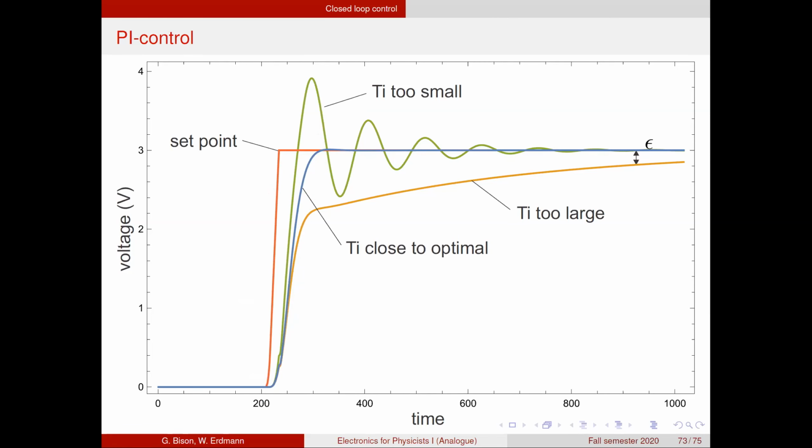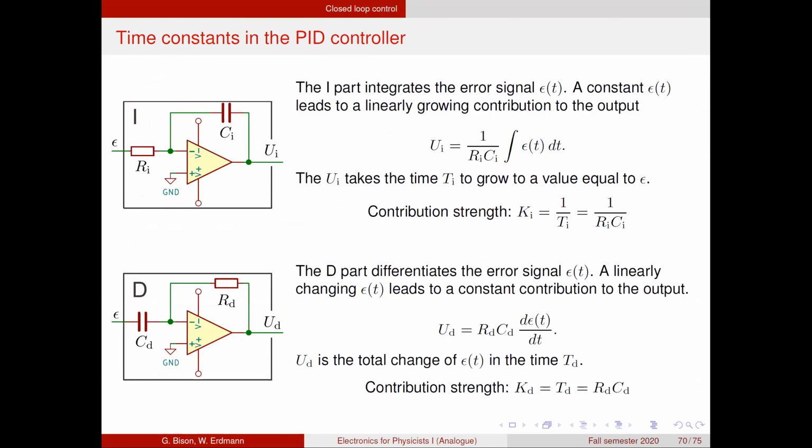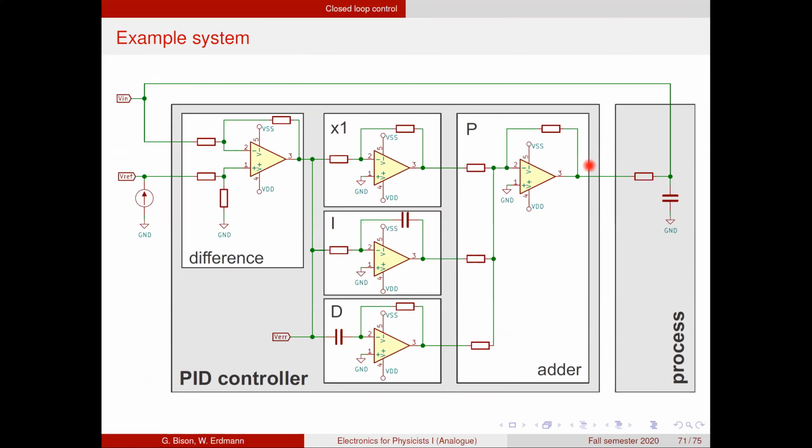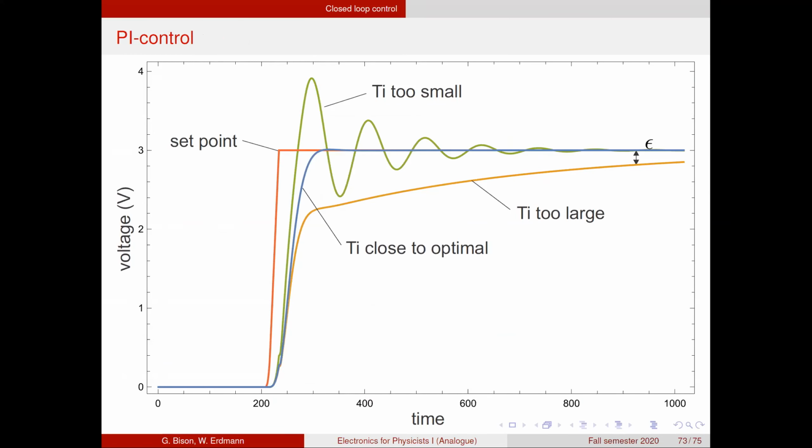You know that in our example, we have a low-pass filter here, and this low-pass filter cannot change its output voltage arbitrarily fast. And for that reason, we also cannot approach the set point arbitrarily fast.